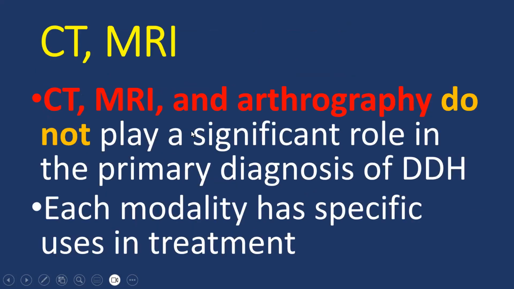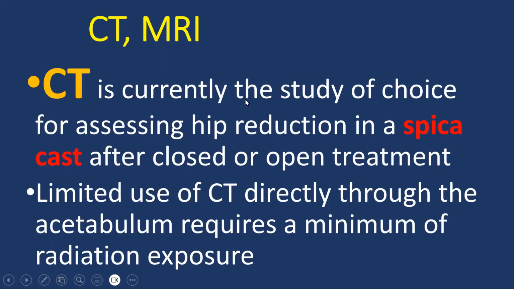What about CT and MRI and arthrography? These do not play a significant role in the primary diagnosis of DDH. Each modality has specific uses in treatment. CT is currently the study of choice for assessing the reduction when you are in the operating room and you do a closed reduction.